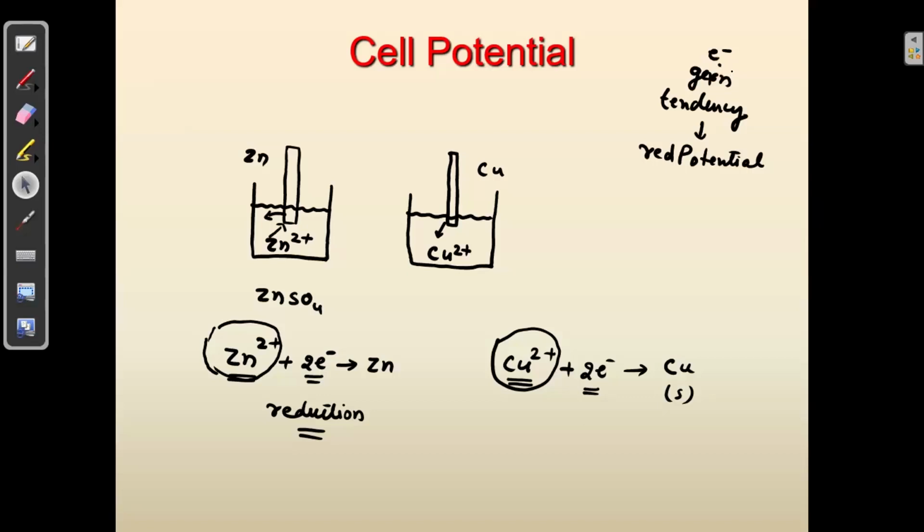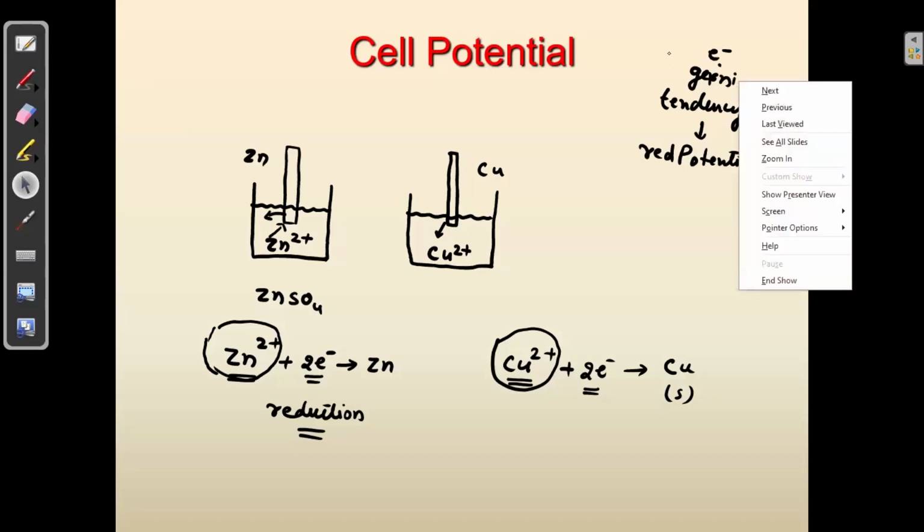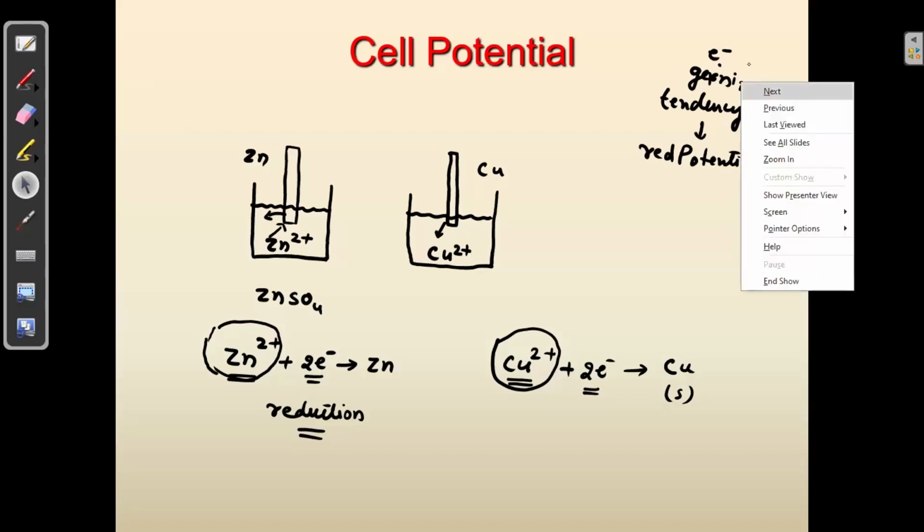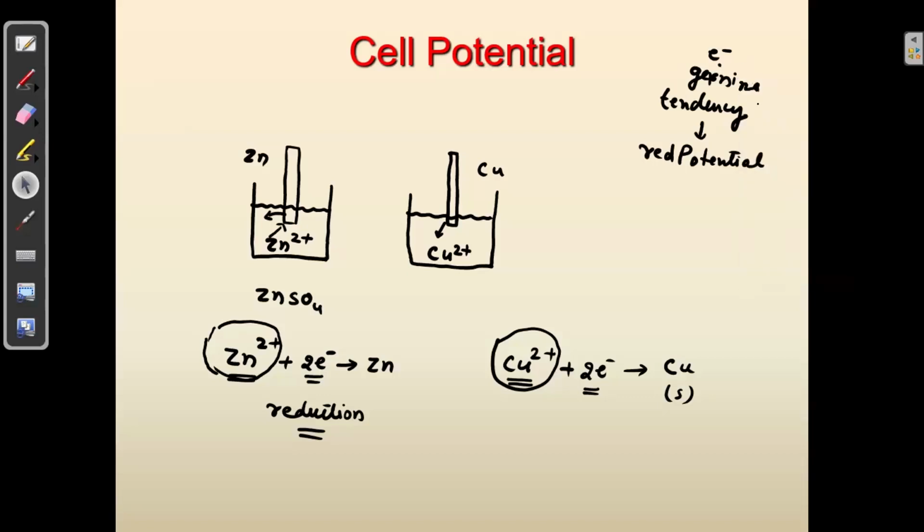Electron gaining tendency is a layman term; I'm now using reduction potential. So which is having higher reduction potential? Copper plus 2 has a higher reduction potential value than Zn plus 2.